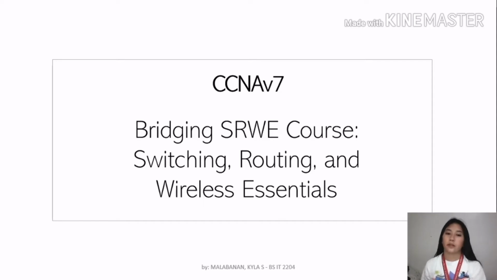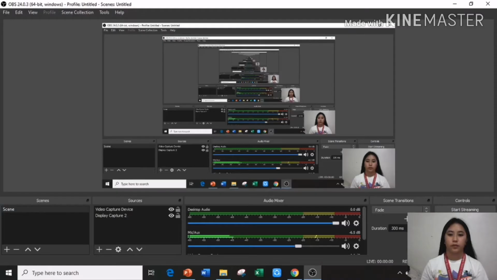SRWE, Switching, Routing, and Wireless Essentials, contains only modules 10, 11, 12, and 13 of the original SRWE course, and provides labs, activities, quizzes, and exam that align to those modules only. And of course, ENSA, or Enterprise Networking, Security, and Automation, contains only modules 3, 8, and 14 of the original ENSA course.